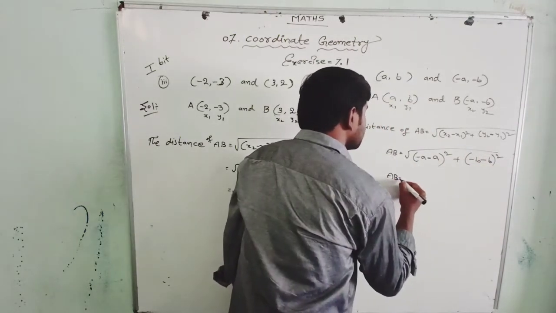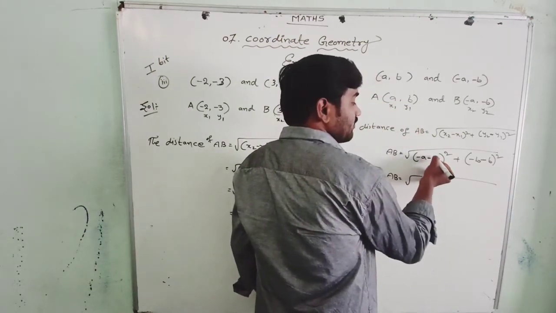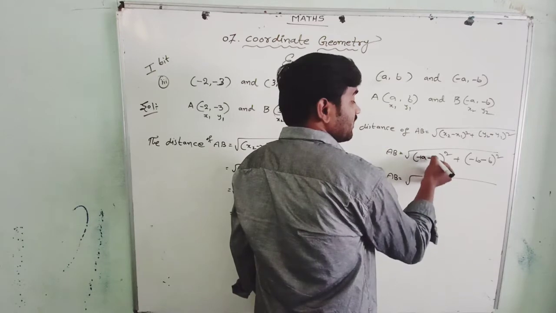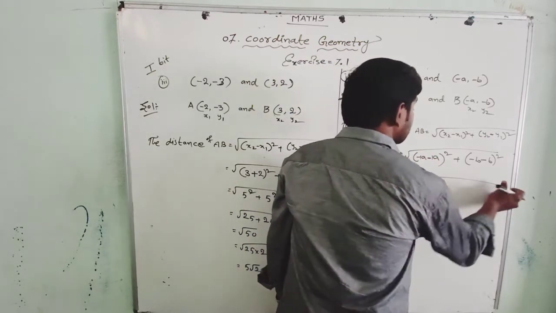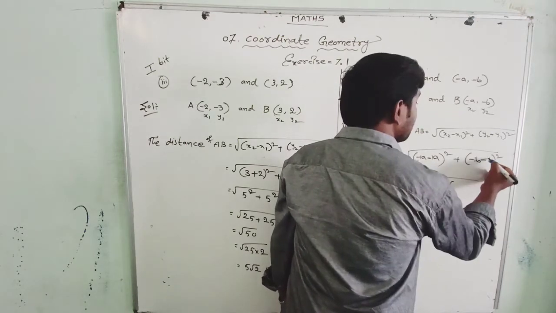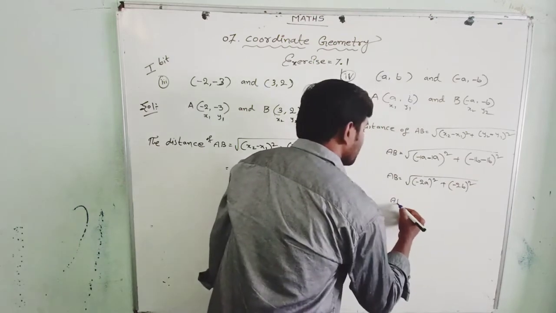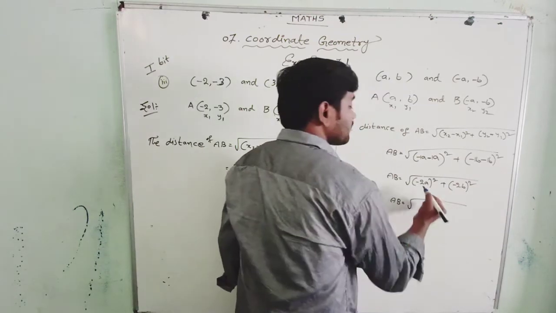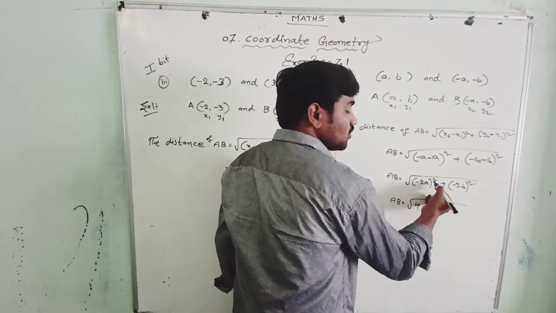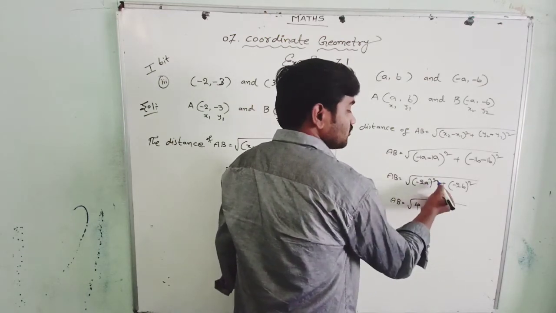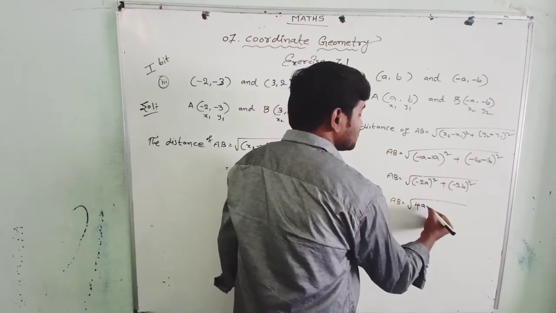Now the distance AB equals under root of minus 1a, here minus 1a, minus 1a minus 1a, that is minus 2a whole square, plus minus 1b minus 1b, that is minus 2b whole square. AB equals under root of minus 2 whole square is 4, minus into minus plus, 2 square value is 4 and a to the power of 2 is a square.